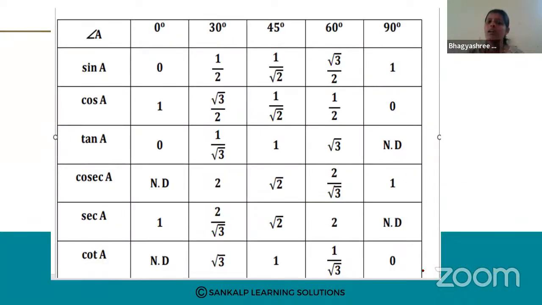Next, another important thing we have to remember. See, these are values of some standard angles. What are standard angles?